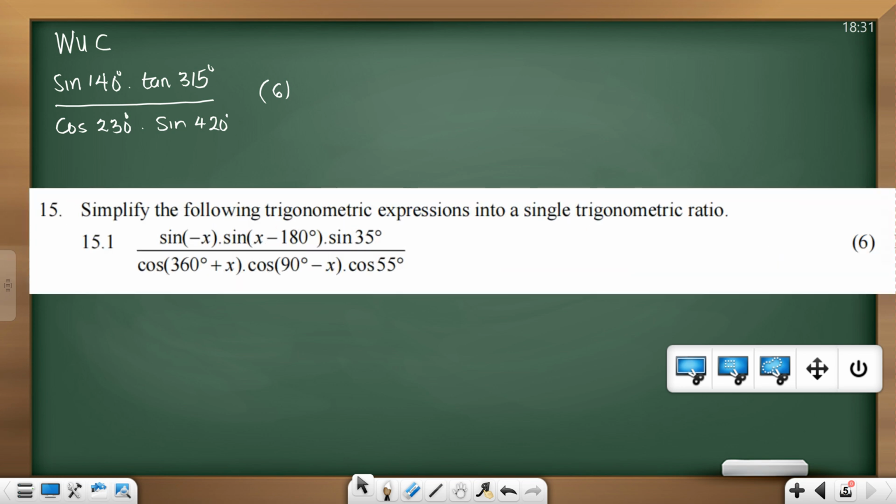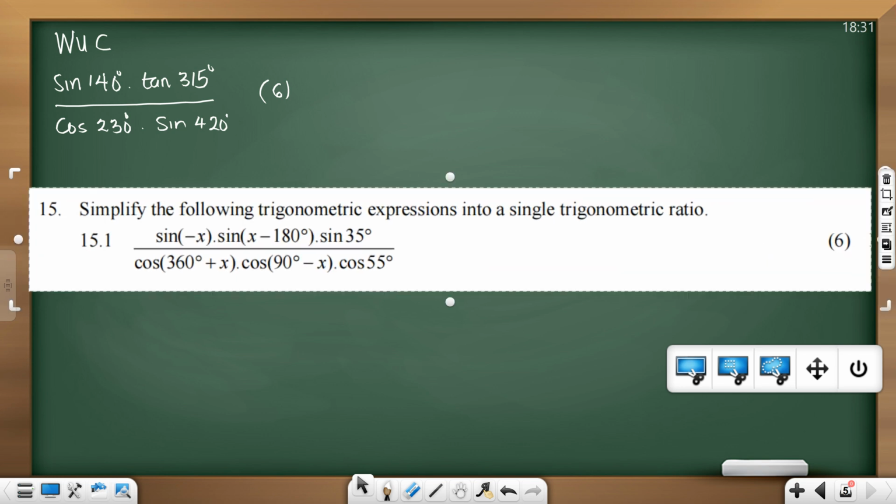My good learners, are we done with the first one? Sir, what should the question be in order for us to apply this? Simplify. Akona, simplify.